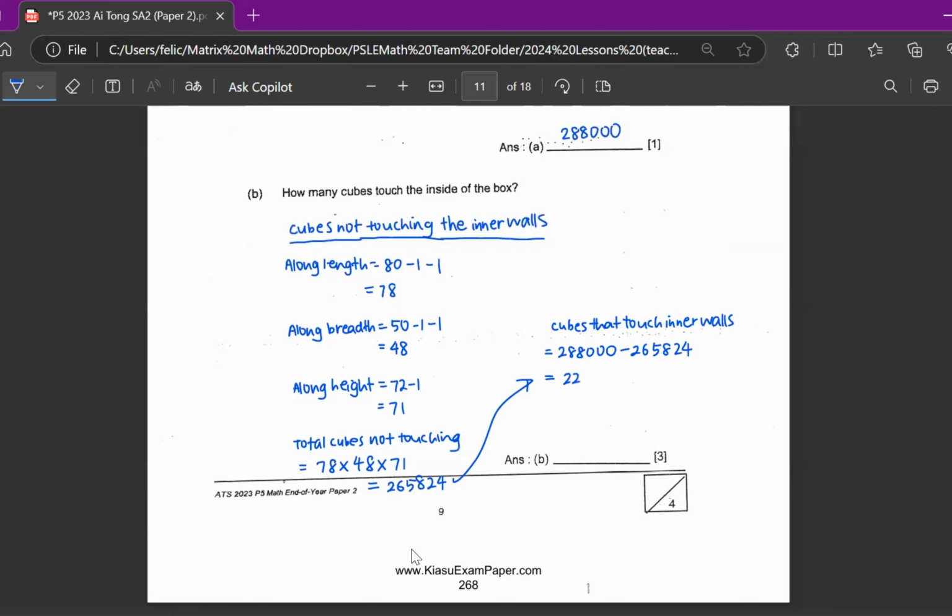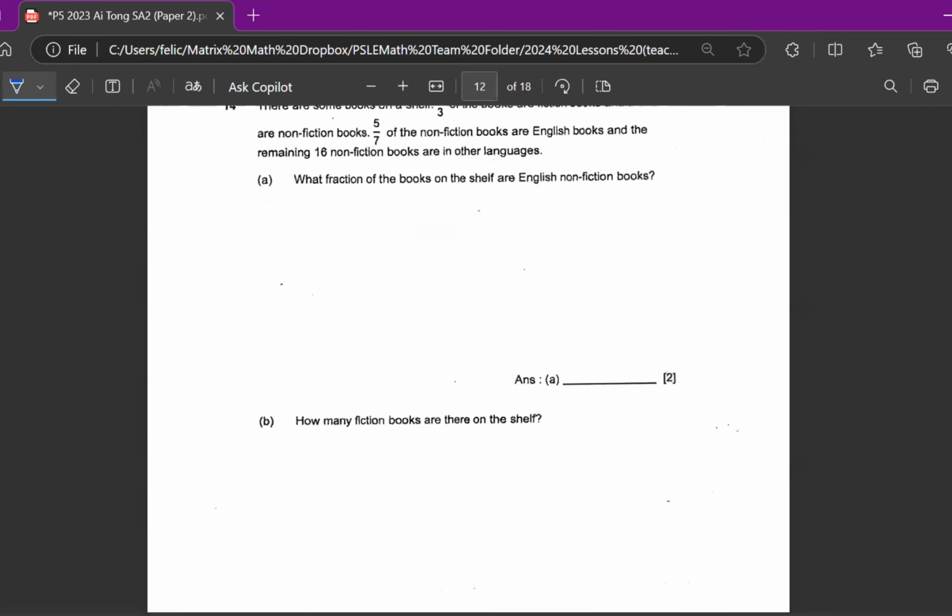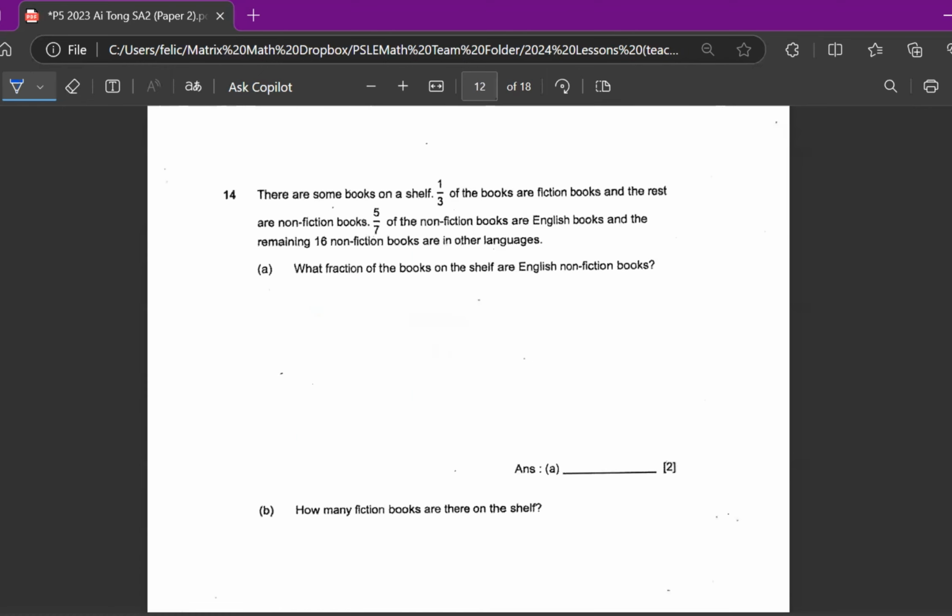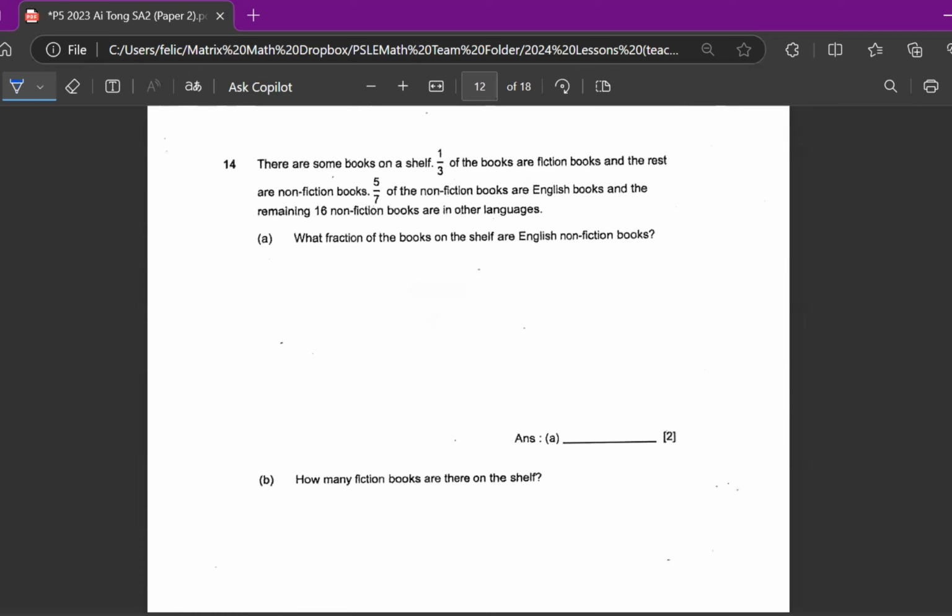And that will give us 22,176 cubes. This is definitely a challenging question. B itself is worth 3 marks. So I hope this is clear to everyone. I'm going to go on to question 14.